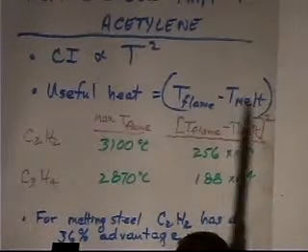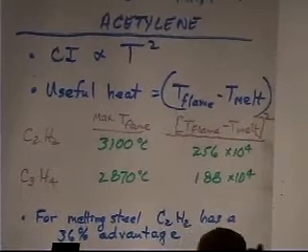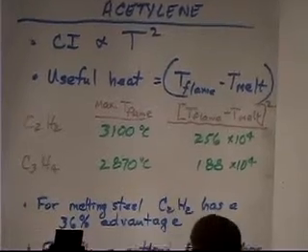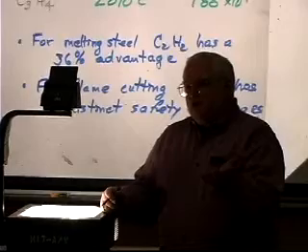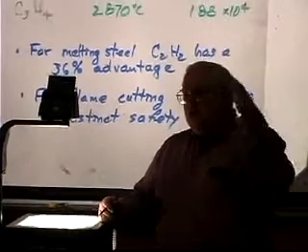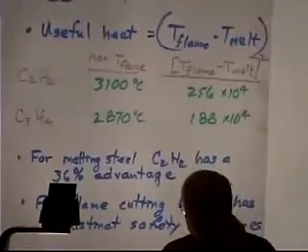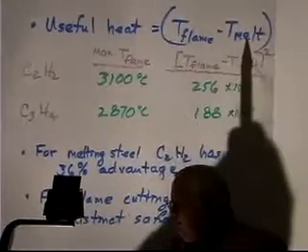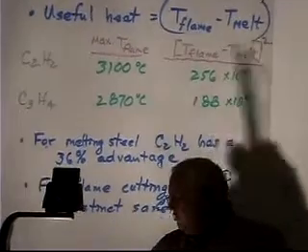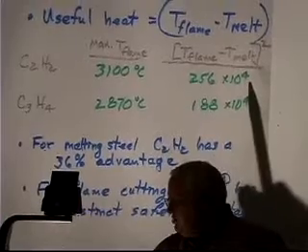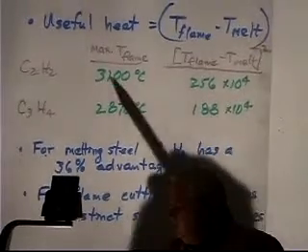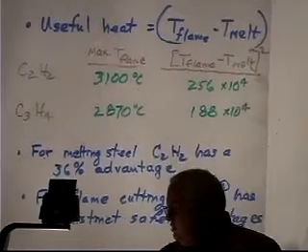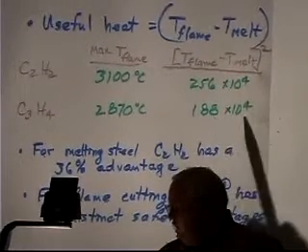If I take this quantity, the difference in temperature, I can only take the sensible heat above the melting point of the steel. The heat below the melting point might bring it up to the melting temperature, but it doesn't melt it. It's only the heat above that actually has the capability of exceeding the melting temperature. And so it's 3100 minus 1500 squared, which is 256 times 10 to the fourth, and 2870 minus 1500 squared is 188 times 10 to the fourth.